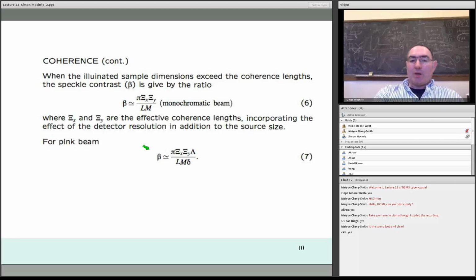You can get the same signal to noise by increasing the illuminated volume, and really the signal to noise just depends on the number of coherent photons. I guess you're less susceptible to systematic errors if the speckle contrast, this beta quantity, is not too small.